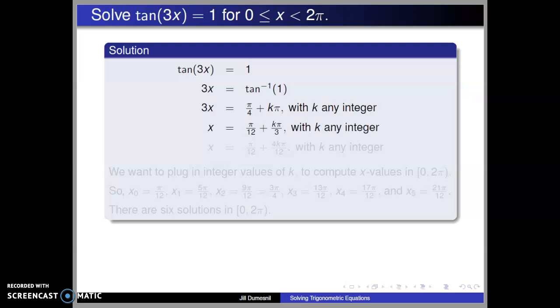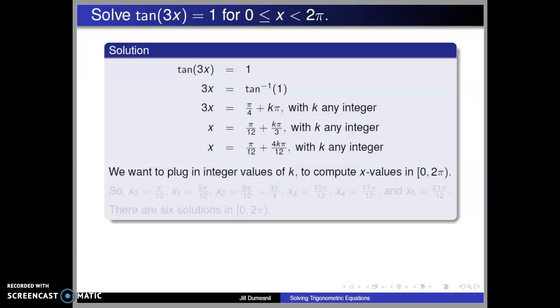To solve for x, we divide both sides by 3, again remembering to distribute to both terms on the right-hand side. Getting common denominators helps when computing those solutions in the desired interval. We will plug in integer values starting at k equals 0 to compute the desired solutions.